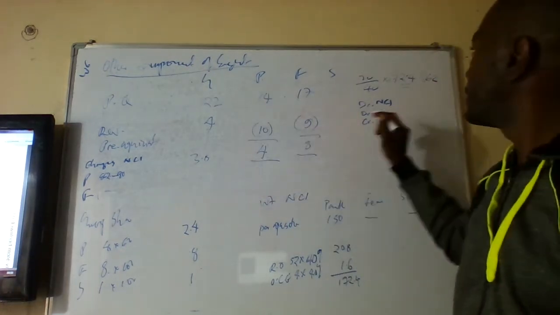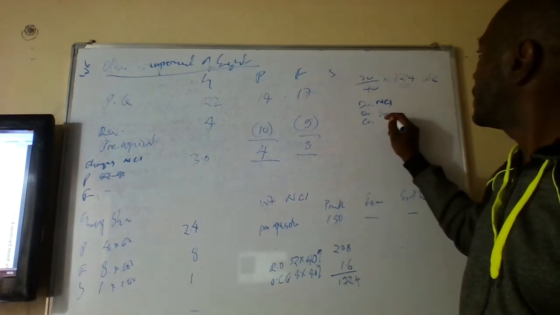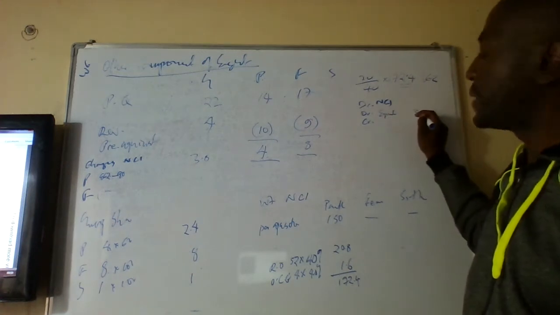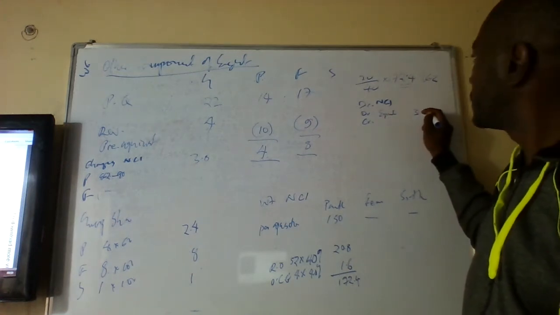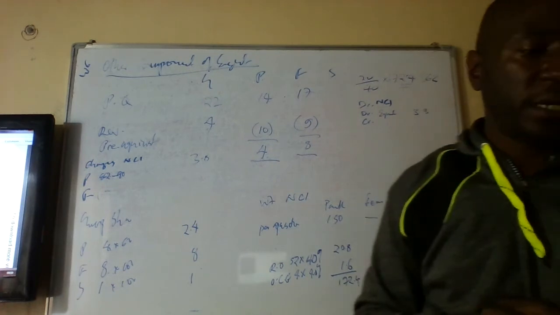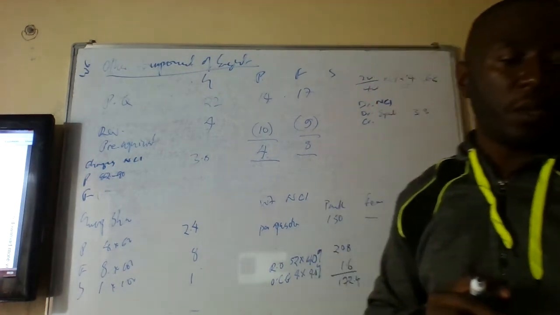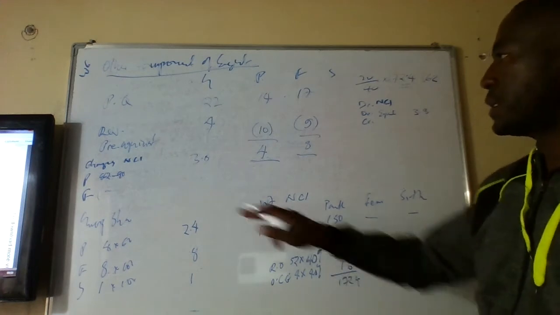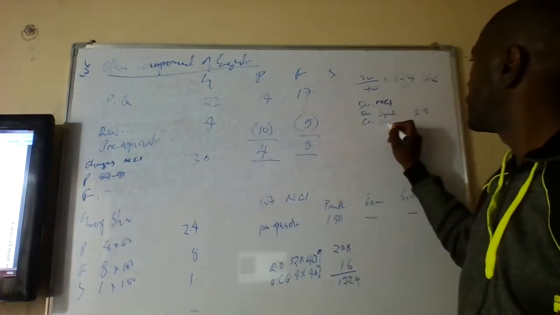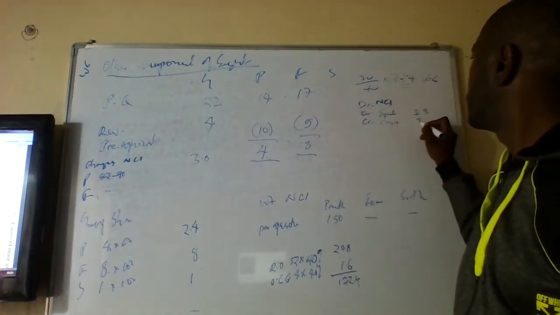So this one goes to equity. Debit equity with 3.8, and we credit cash. The cash there was cash consideration of 90.